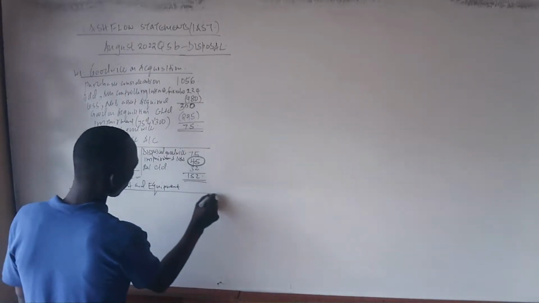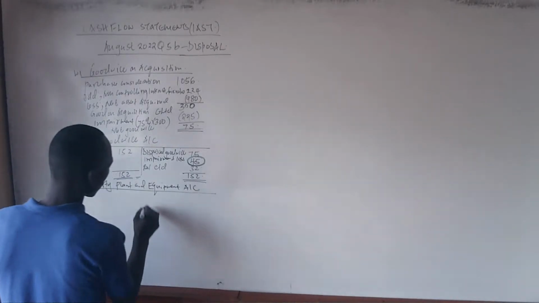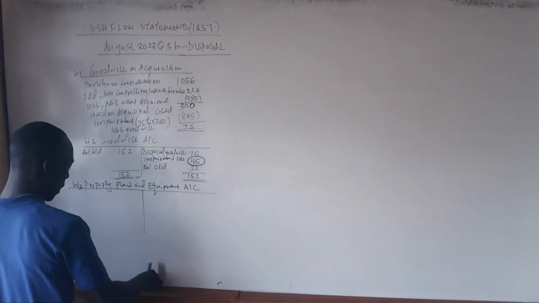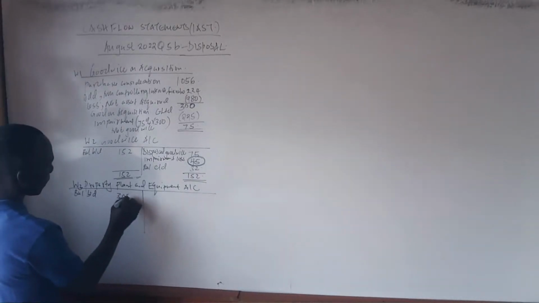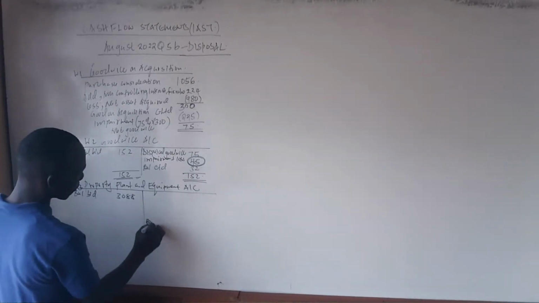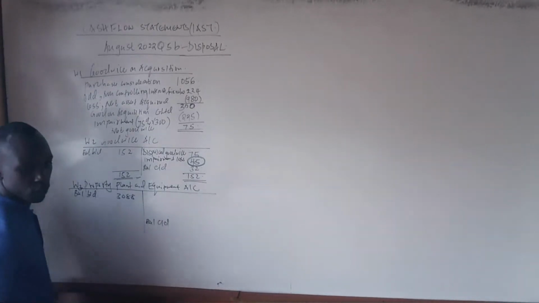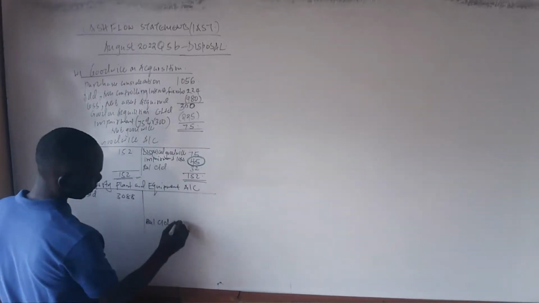Property, plant and equipment account. So again, we have a T account here. Give me the balance brought down. How much is it? 3088. Then we have the balance carried down of 2816.